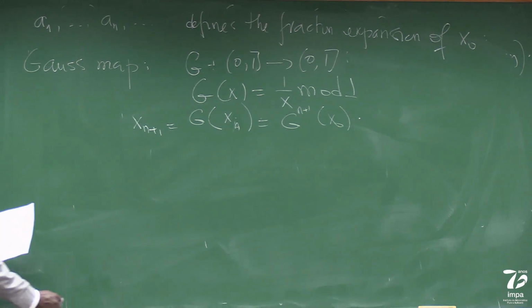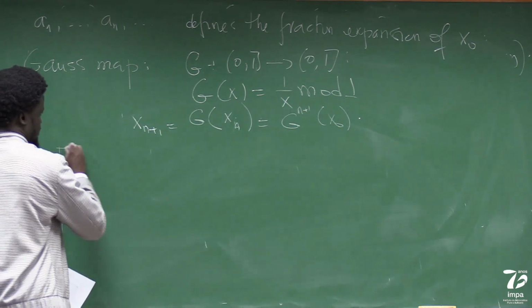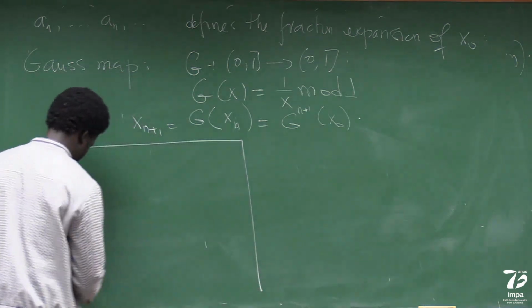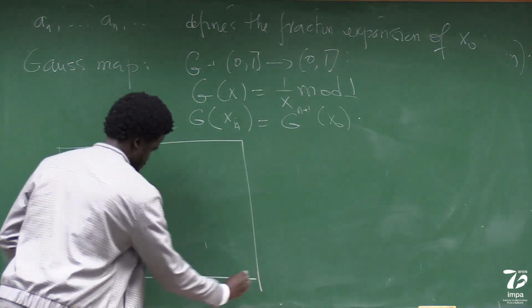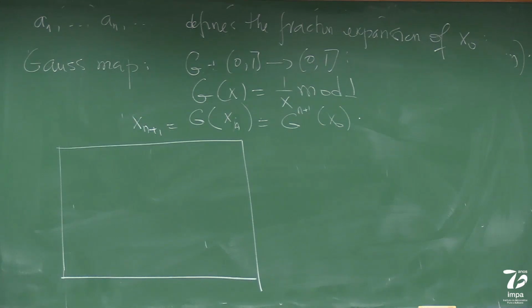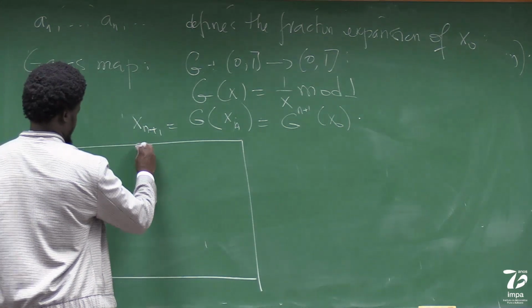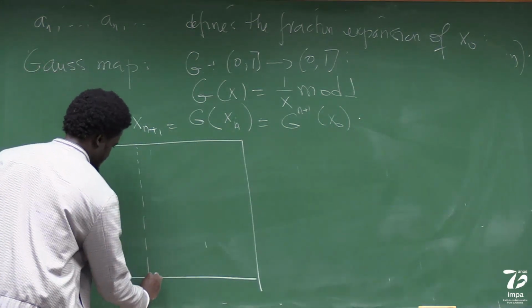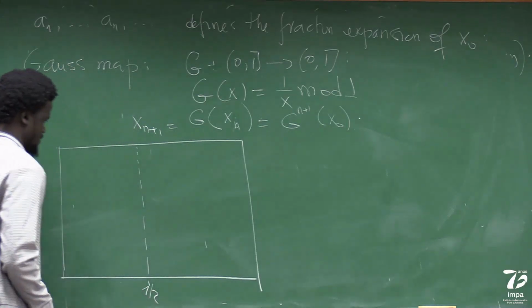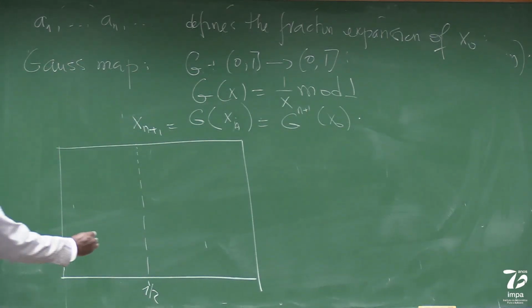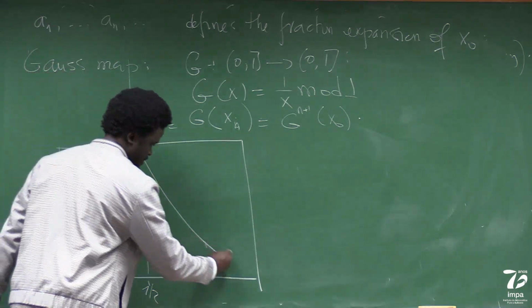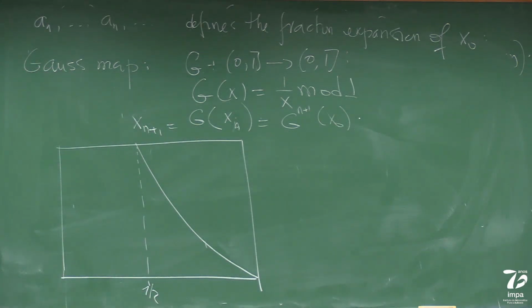And you can see the graph of this in the interval. See that this map is taking a half here, and it gets mapped to the whole thing, like this.